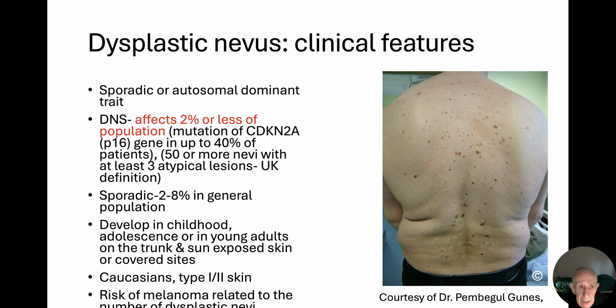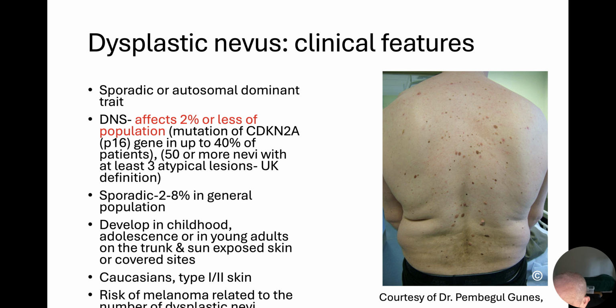So clinically, dysplastic nevi can look awfully like melanoma. They're irregular, variably pigmented, often greater than 0.6 centimeters in diameter, and typically have an irregular border.